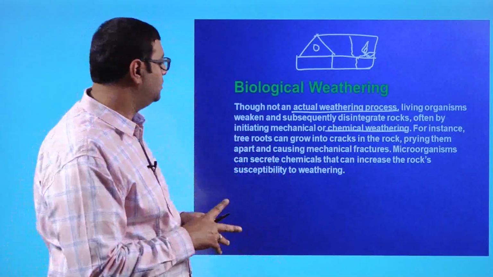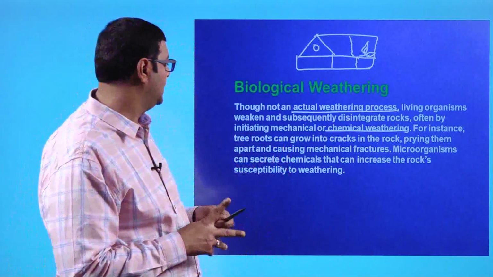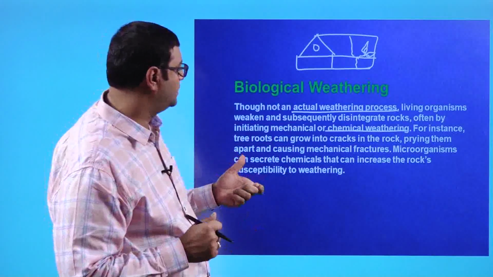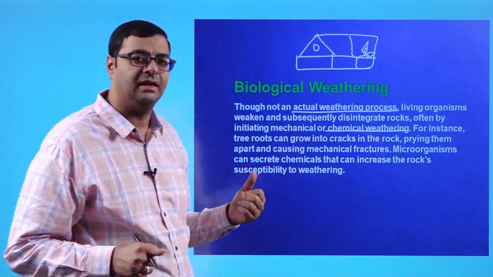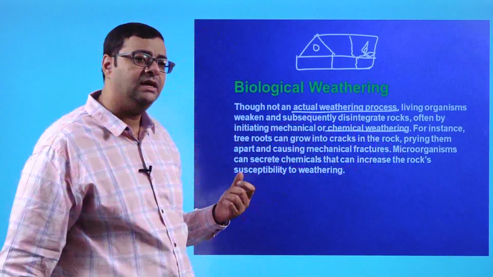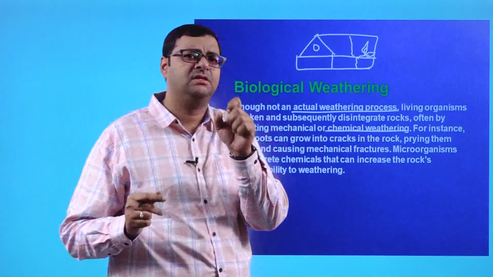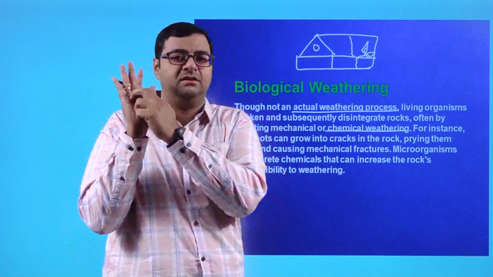In this way, I'll give you one more example here. Mechanical cracking by roots is over, microorganisms cracking it is over, and sometimes small animals start scratching the rock this way.